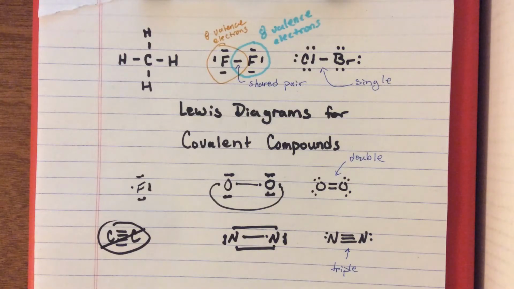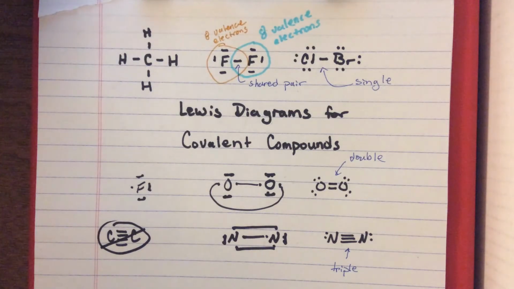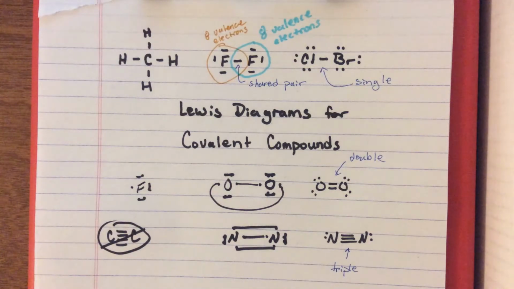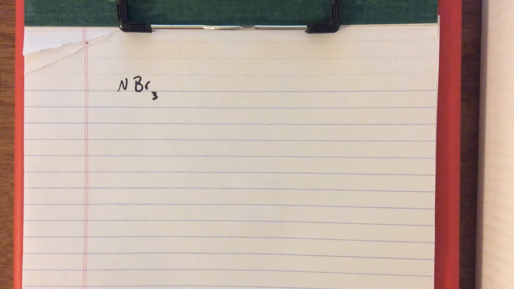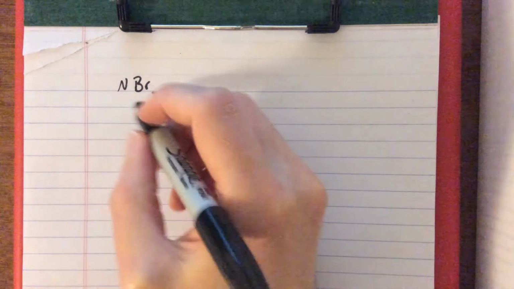So let's get down to walking step by step through the procedure for drawing these diagrams with a couple examples. So our first example is going to be NBr3. So nitrogen is in family 5A.